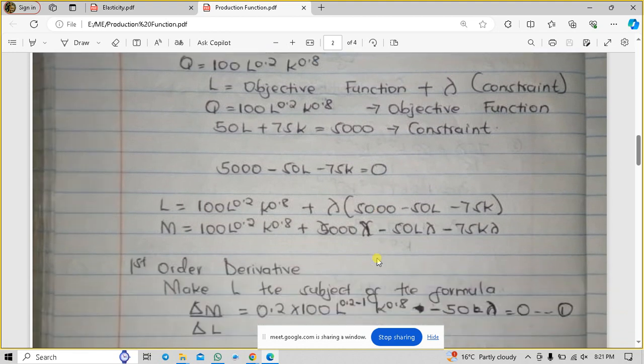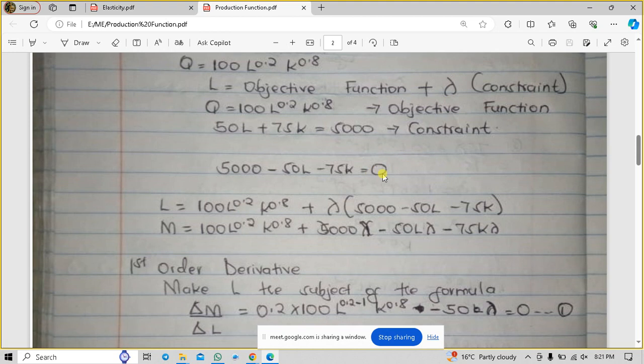Then from there now we have this equation. So this is called the Lagrangian. So L equals our objective function, which is 100, L to the power 0.2, K to the power 0.8, plus we come and write our symbol, there it is, in brackets constraint, our new constraint function.